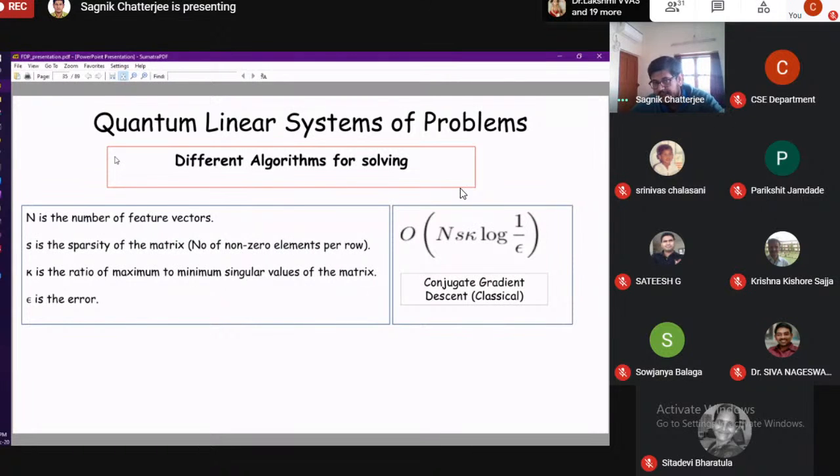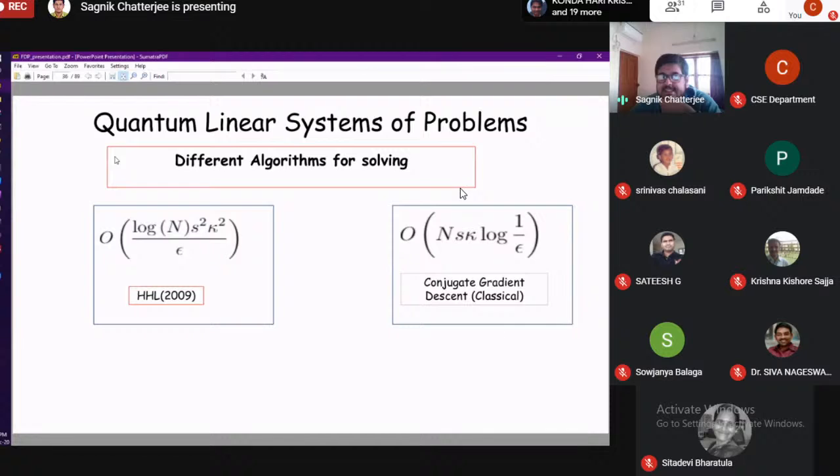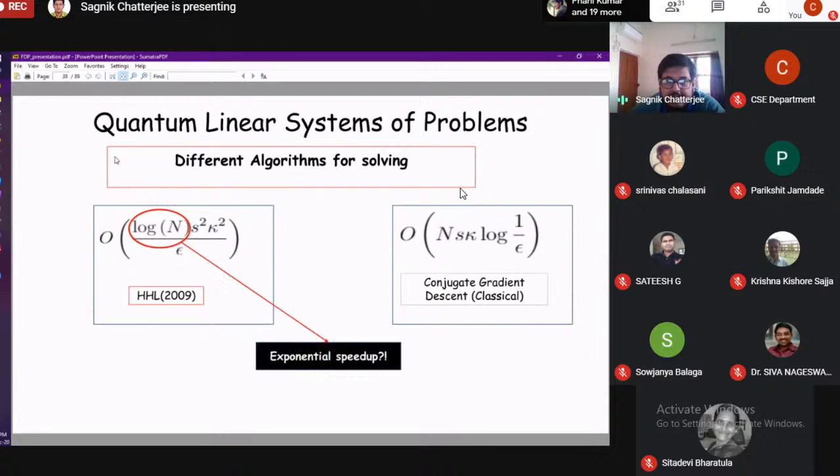Now, in contrast with this, one of the simplest quantum algorithms to solve QLSPs is the HHL algorithm, which was given in 2009 by Harrow, Hassidim, and Lloyd. As you can see, it has a logarithmic factor on your input size, which basically means it is exponentially faster compared to the classical algorithm.